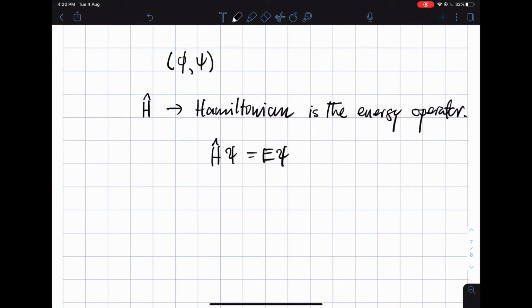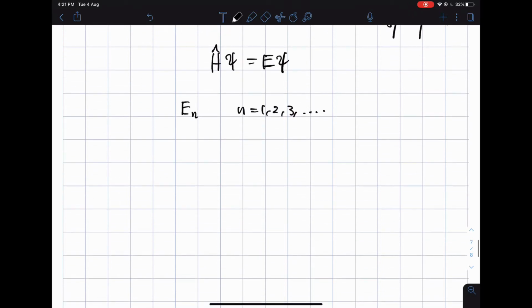Let's denote the eigenvalues by En, where n is, say, some integer. It doesn't have to be an integer, but for convenience, let's choose our label to be an integer. Then the eigenvalue equation is given by H hat acting on psi n is equal to En psi n.